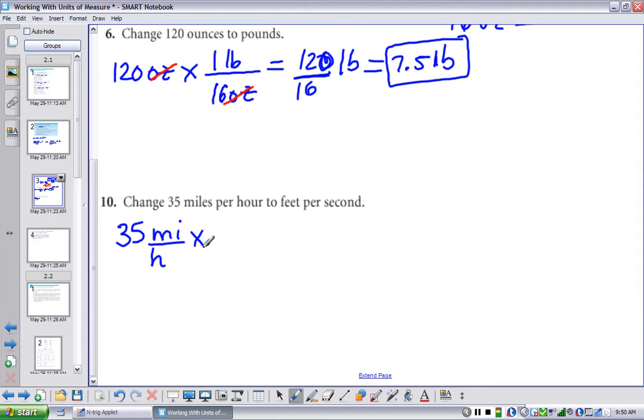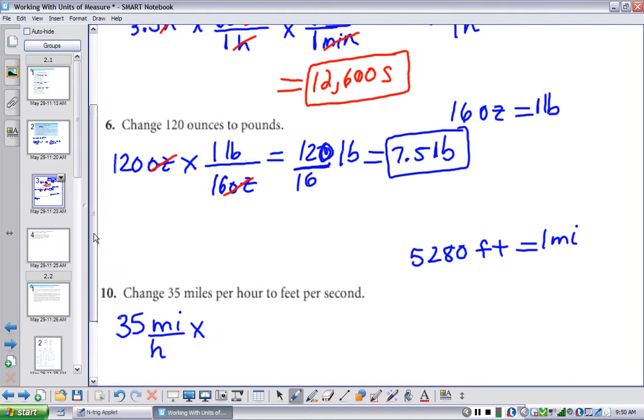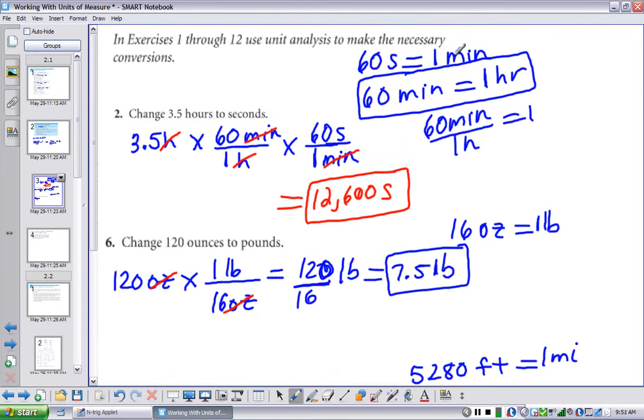So here we need 2 unit multipliers. First of all, we need to remember that there are 5,280 feet in 1 mile. Okay? And another thing we need to know, which we alluded to up here, is that 60 minutes is 1 hour, and 60 seconds is 1 minute.